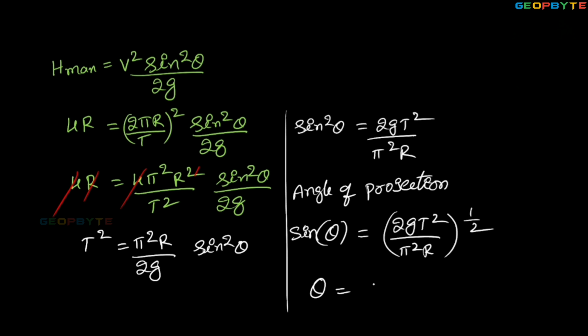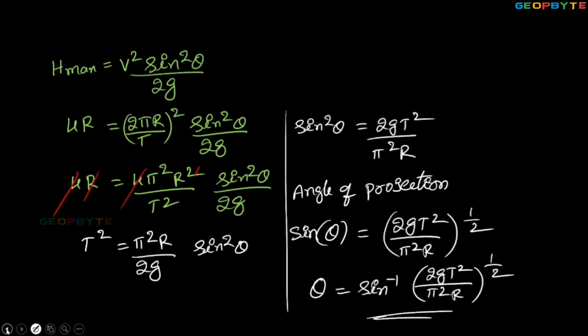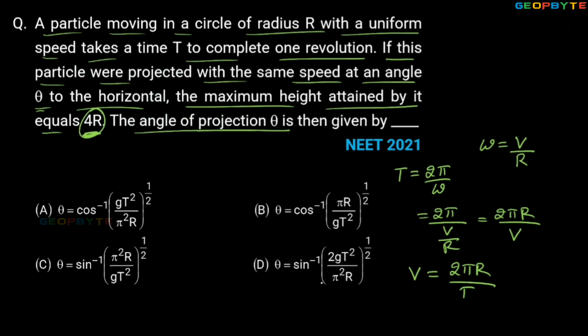Then the angle of projection theta equals sine inverse of 2g T square by pi square r, whole power 1 by 2. That is the angle of projection. Look at the options: 2g T square by pi square r whole power 1 by 2, sine inverse. Look at option D. Option D is absolutely correct.